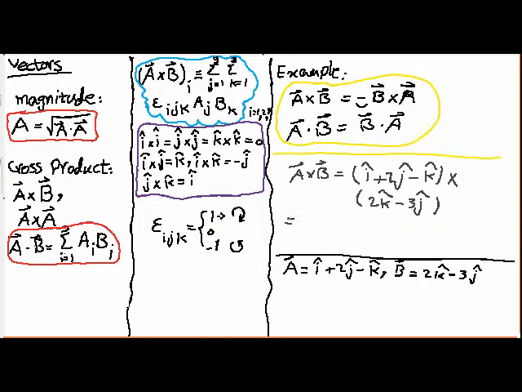Okay, so it's 2 from k hat, i hat cross k hat, then minus 3 i hat cross j hat, right?